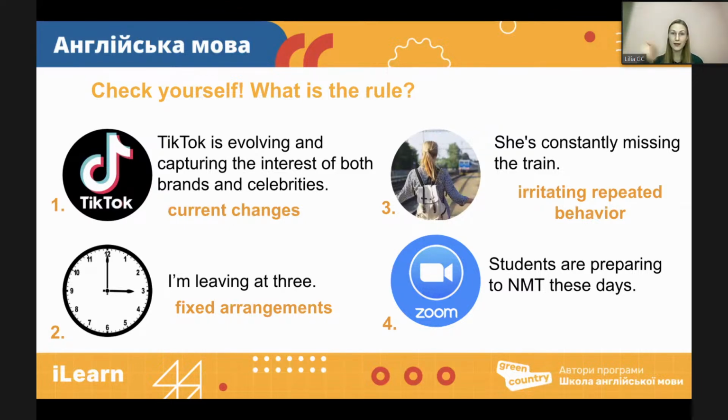Things happening around now, around the time when we speak. So, yeah, like it happens probably this term or this year if we take 11th grade, right? But it's not typical action for you. So, for example, you got interested in the test and preparing to it probably starting September or maybe even later, right? So it's not necessarily this moment, but around now, like some temporary action. You are preparing to it, but after May, probably you will forget about it for good, right?